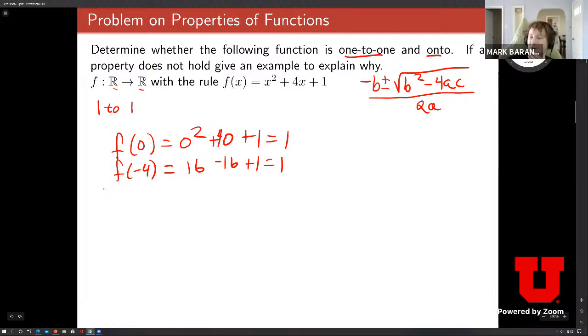Okay, someone's prepared. So the way I would do this is I would say, let's just hope that we can find something easy. So I'm going to say x equals 0. If I plug this in, I get x squared plus 4x plus 1 equals 1, right?